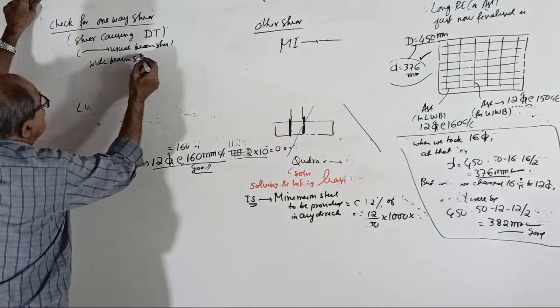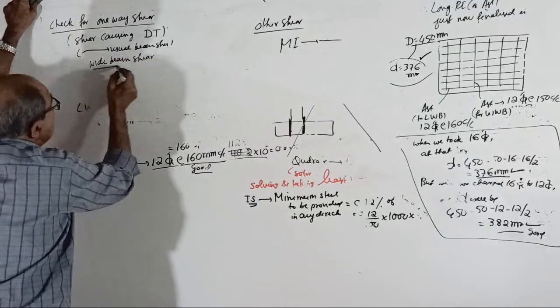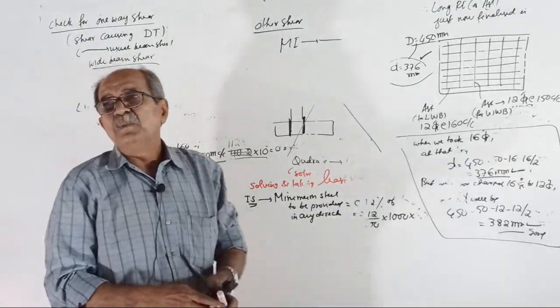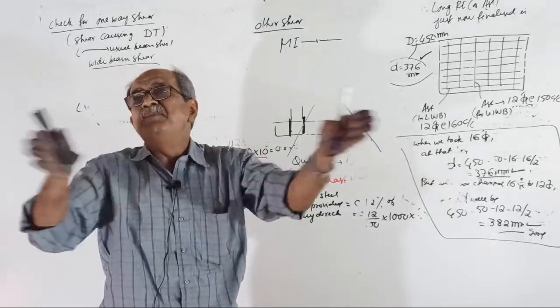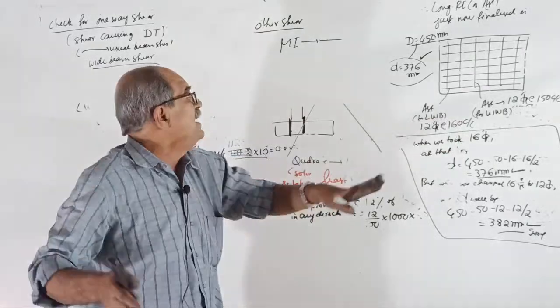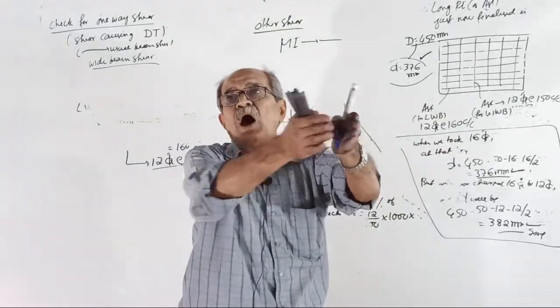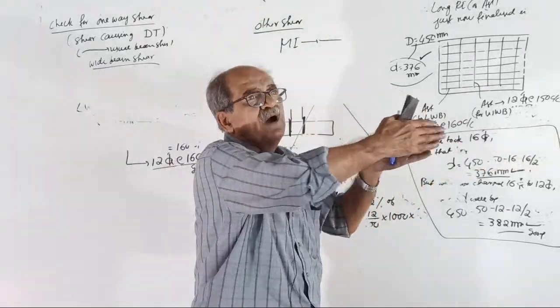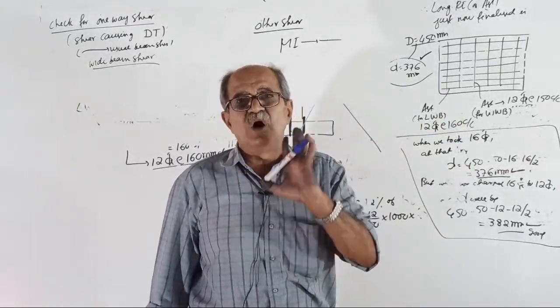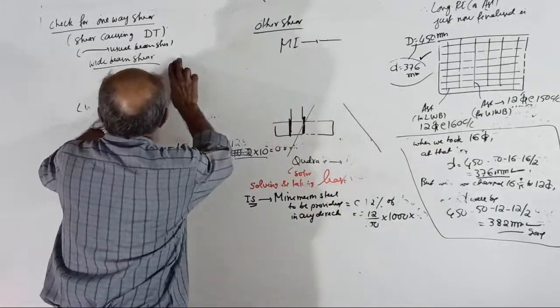Wide beam shear means shear check same as beam, but imagine it is a wide beam. Why? Footing has 2.2 meter and 2.5 meter width, and you are considering a strip of 1 meter. That's all. These all you write.